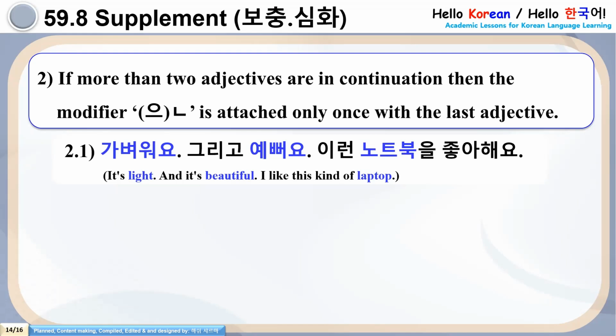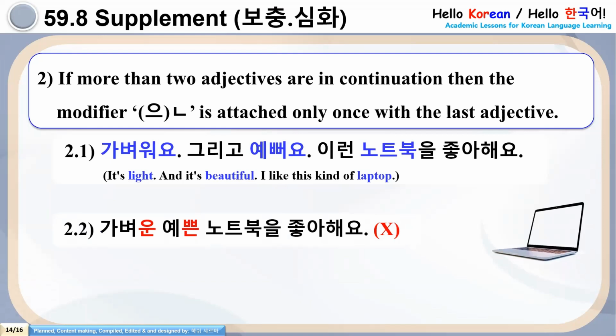So here 가벼워요, 예뻐요, both these are adjectives. 2.2. 가벼운 예쁜 노트북을 좋아해요. This sentence is wrong. Why? We have added un grammar in the 가볍다 and 예쁘다 two times continuously. 가벼운 and 예쁜 here. So how to correct this sentence?